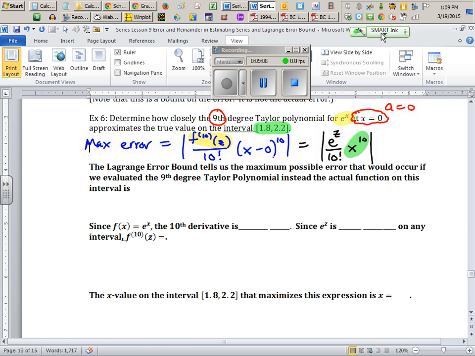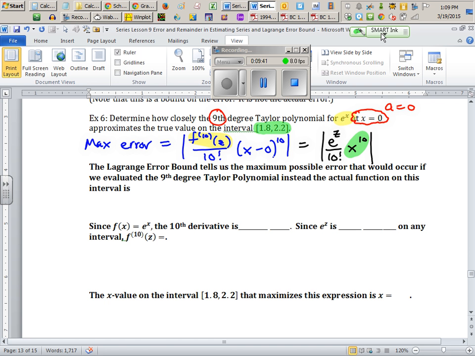Okay? So this is where you have to do a little critical thinking on these problems. You can pick any x you want between 1.8 and 2.2, but your goal is to make this as big as possible. So would you pick 1.8 or 2.2 or something in between? 2.2 has the largest 10th power out of all the numbers between 1.8 and 2.2. So on this problem, we will pick the right endpoint because it maximizes the x to the 10th.